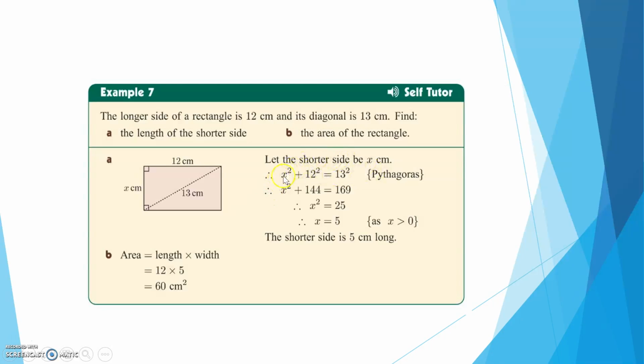And I'm not going to go through all of this, but here it is here, and we can determine that the shorter side is actually 5 centimetres, and putting that into the area formula, you've got 12 centimetres by 5, and that's going to give you 60 centimetres squared.